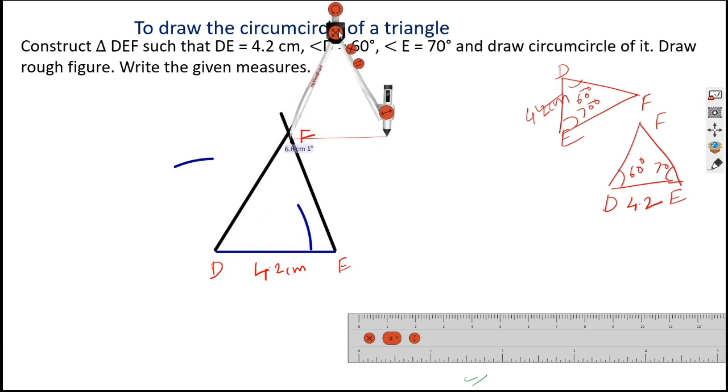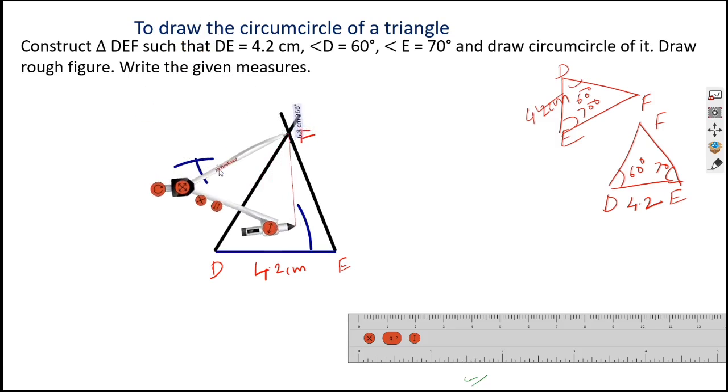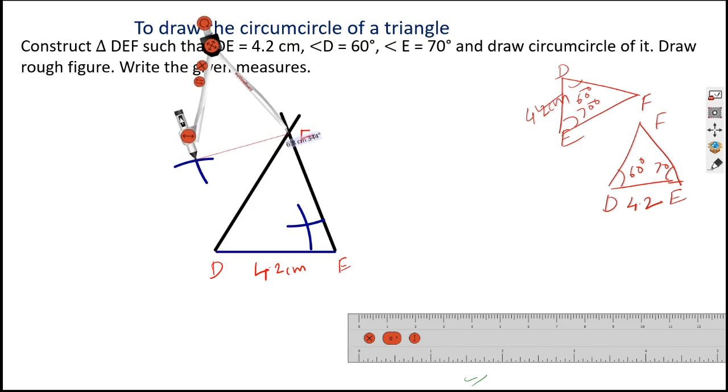Take the compass to the other side, tilt it accordingly, bring it over here, mark an arc over here, and mark an arc on the other side. If you draw a line connecting these two intersecting points of the arcs, you will get a perpendicular bisector.